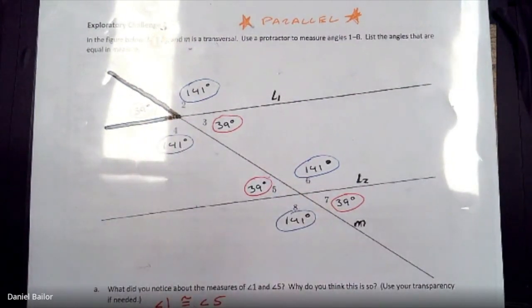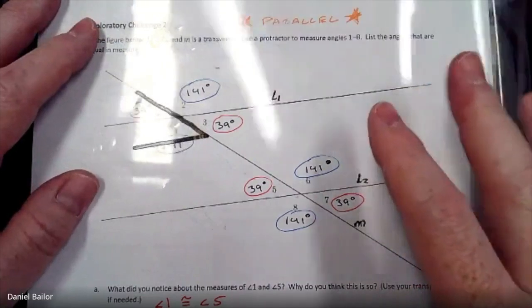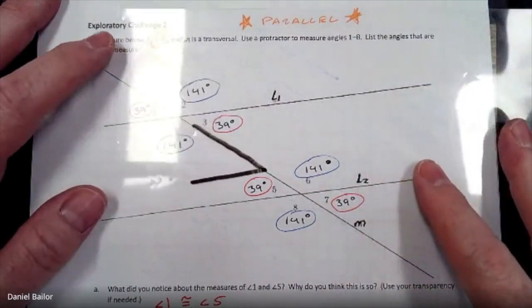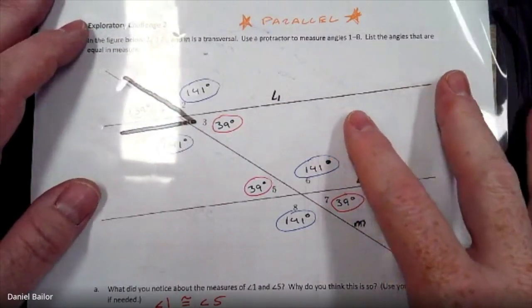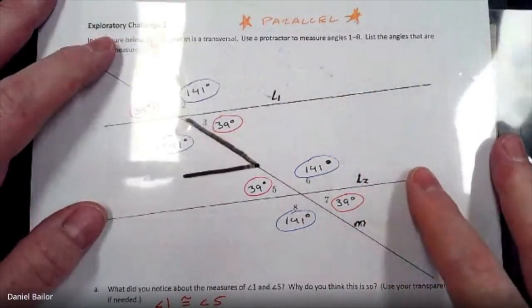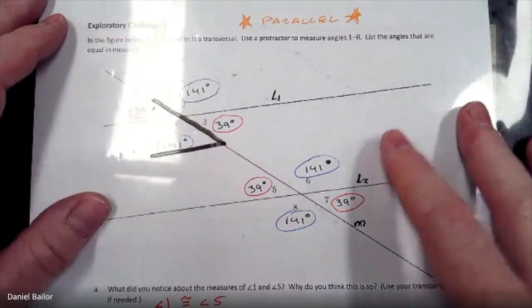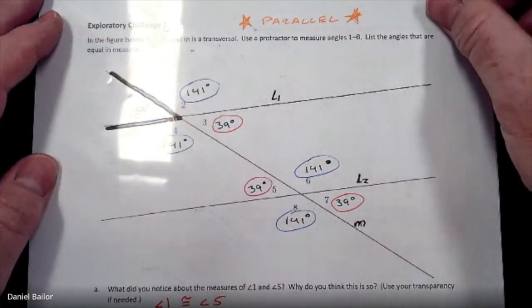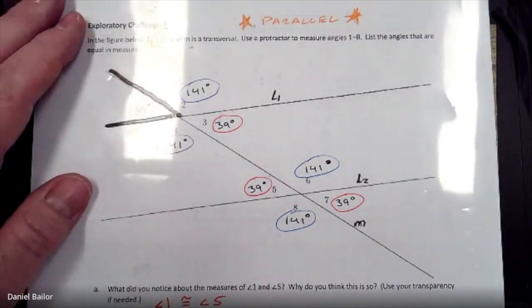I'm going to use a rigid motion. Watch what happens. If I just slide down, angle 1 turns into angle 5 after a slide. You can see the slide down. You can even draw the vector if you want.